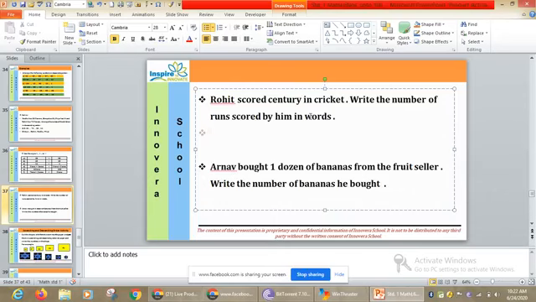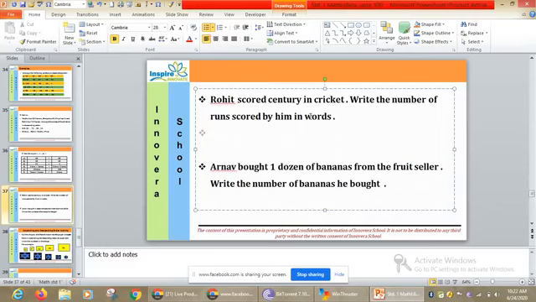So here Rohit has scored a century in cricket. Write the number of runs scored by him in words. Means how many runs he has made. सेंचुरी बनाई है पर कितने रन्स बनाए सेंचुरी में. सेंचुरी मीन्स व्हाट.